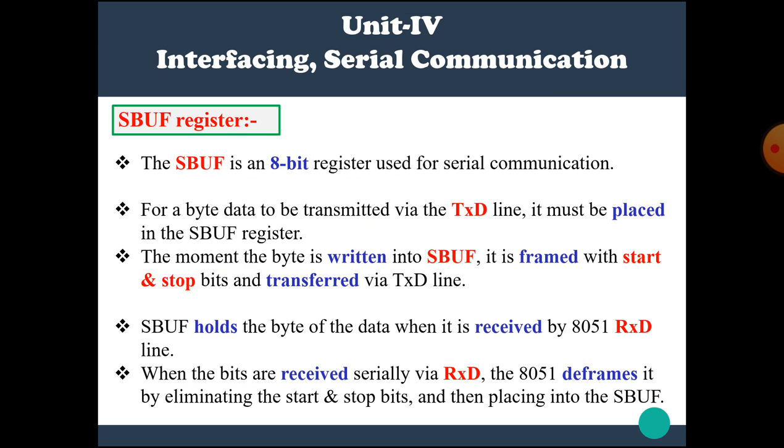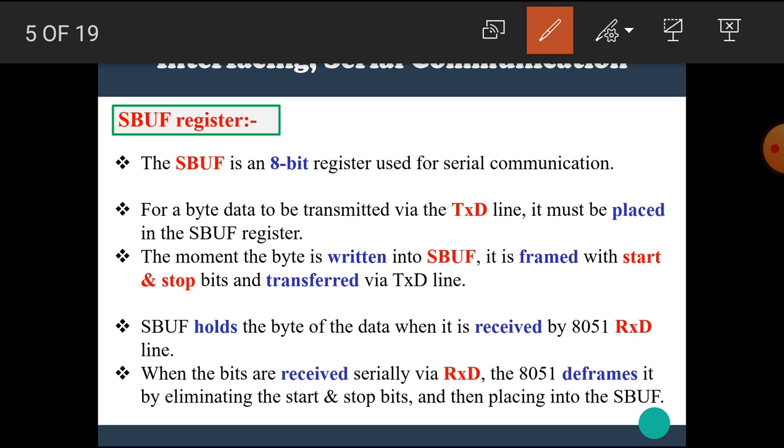Let's see details about each register one by one. The first one is the SBUF register. We know that SBUF stands for serial buffer register. The SBUF is an 8-bit register used for serial communication. For a byte of data to be transmitted via the TxD line, it must be placed in the SBUF register.